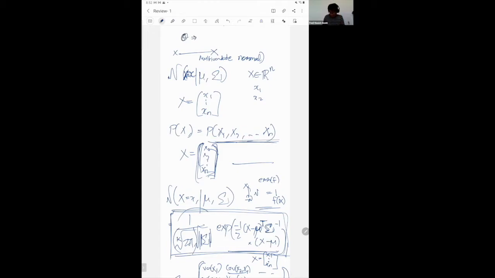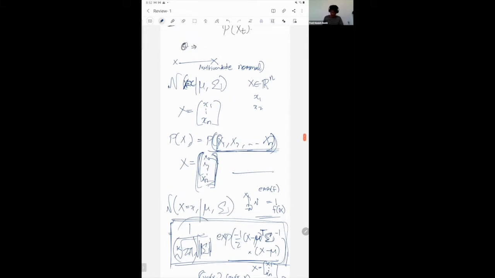Yeah, okay. So this is giving me the probability of the data point, and the way you can interpret this is: let's say we have a multivariate random variable, and x1 is 1 and x2 is 3. So what you are interested in is the probability at x1 is 1 and x2 is 3.